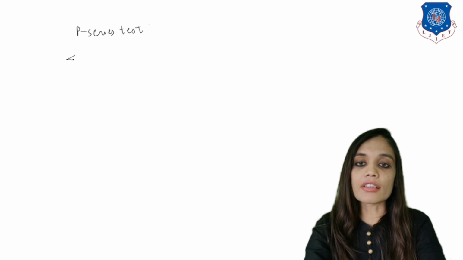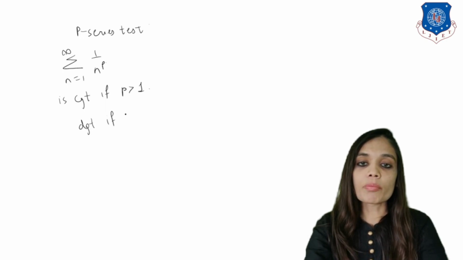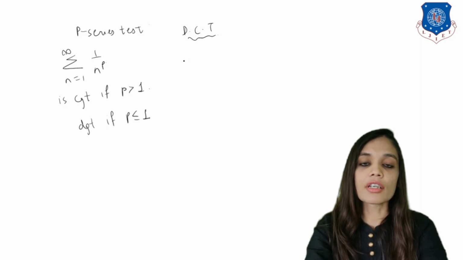Now in today's session we have studied the P series test, right? So in that, summation n is equal to 1 to infinity 1 upon n raised to p is convergent if p greater than 1 and divergent if p less than or equal to 1. Then we have studied the direct comparison test, right?